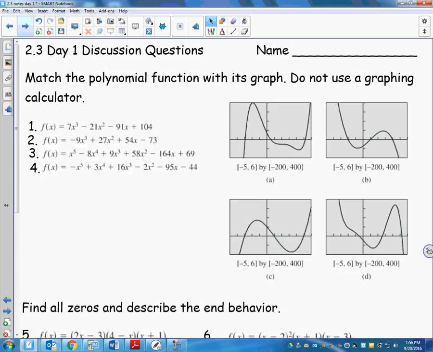What does it mean to find the y-intercept? The y-intercept is just when x equals 0, so on a polynomial function, the y-intercept is just the constant at the end. So you should be able to figure out the difference between them based on their y-intercepts and their end behavior. You shouldn't have to do a lot of work on those.